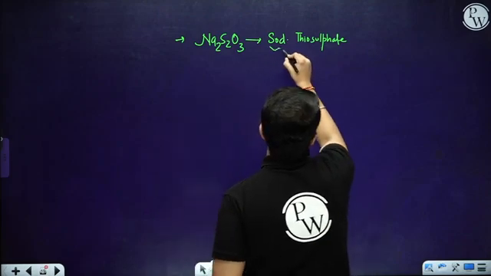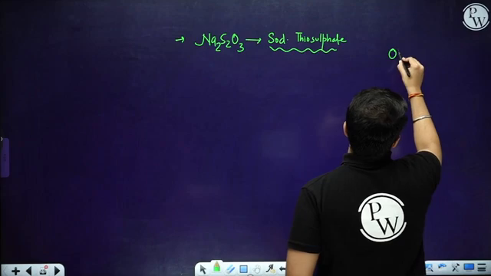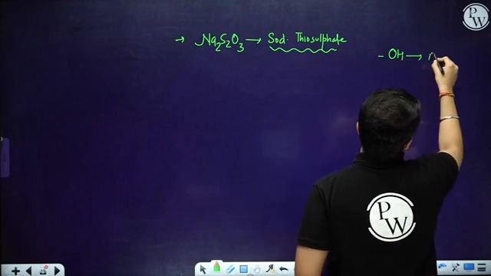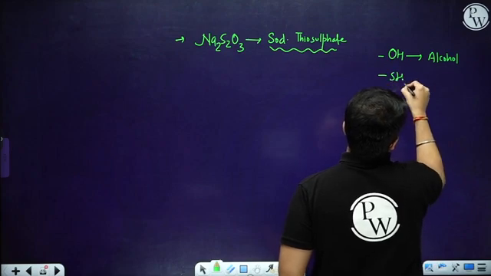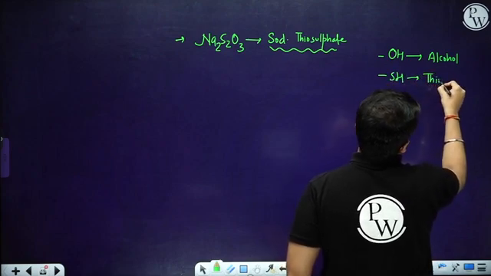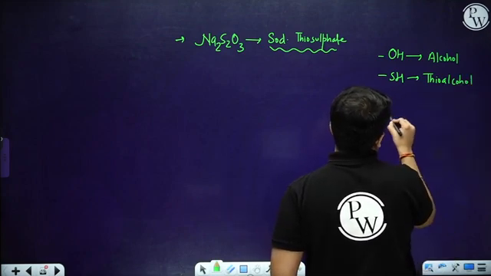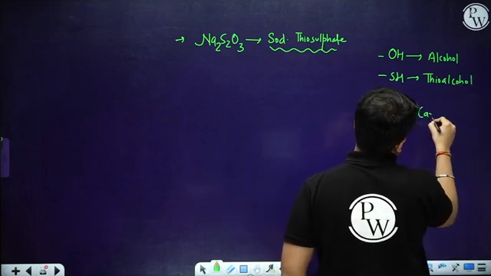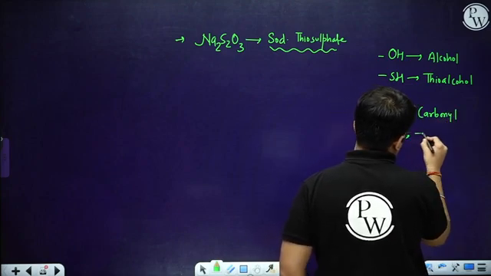That's why we use the word thio. So for example, we have OH, which is alcohol. When it becomes SH, that is thioalcohol. CO is carbonyl. CS is thiocarbonyl.